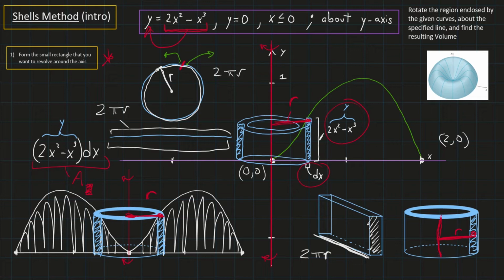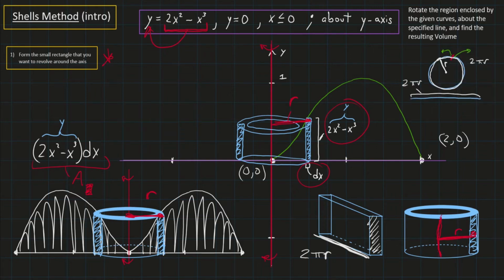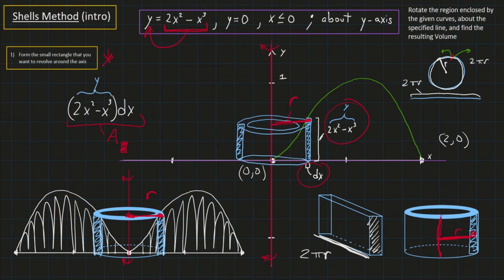So, let me erase our yarn example here, just to make room. I'm going to put it right over there. So going back to our math, what I need to do is take the unit that gives me the area of our little rectangle, this guy right here, and multiply it by 2 pi r.